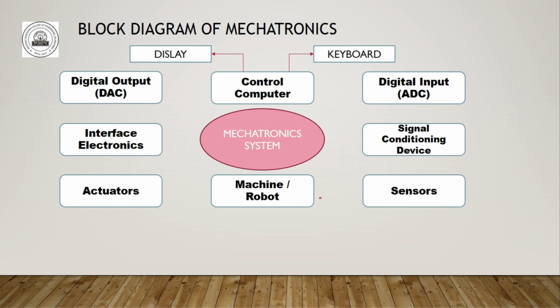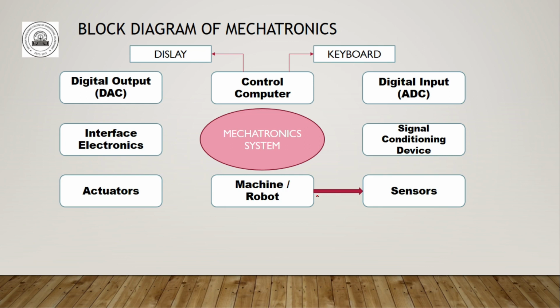Now we'll see how the sequence is to be followed in any mechatronic system. We'll start with the first part, that is sensors or transducers. Now what is a sensor or transducer? A transducer is a device which converts any measurable physical variable into a suitable electrical signal.